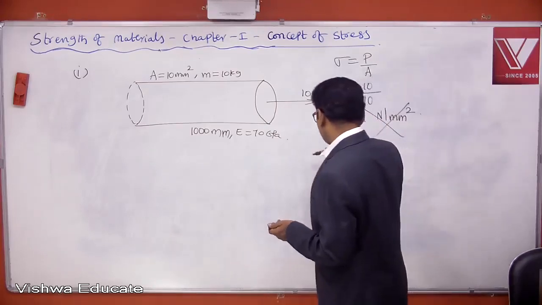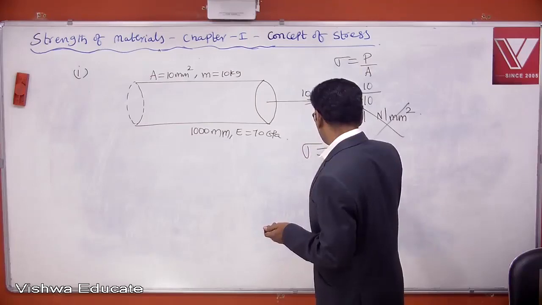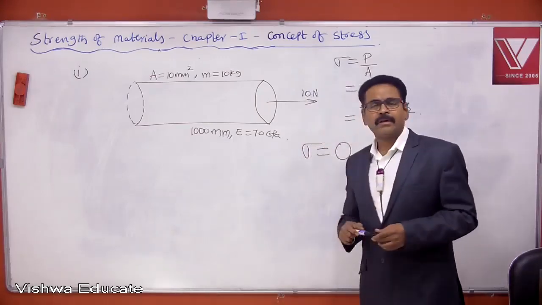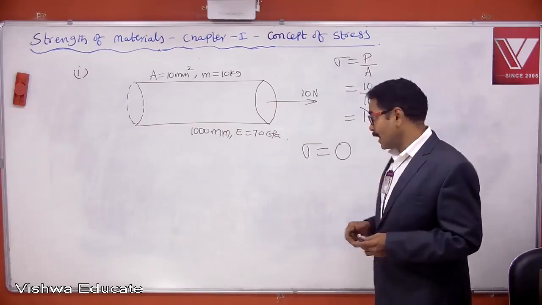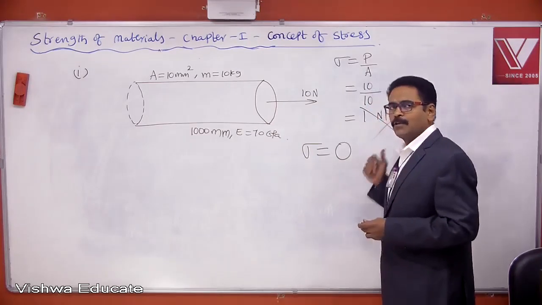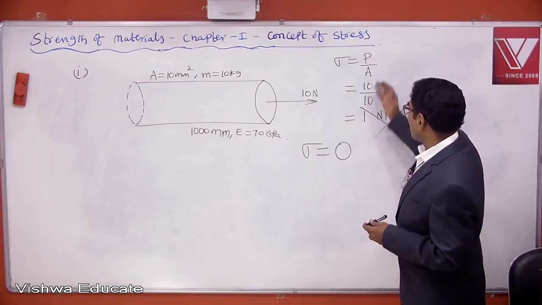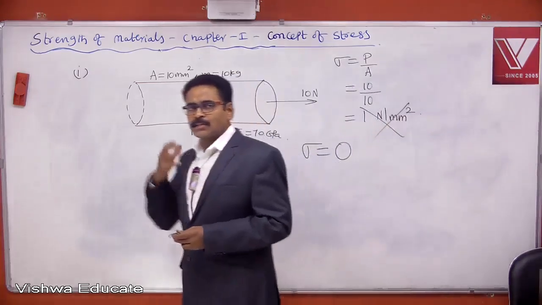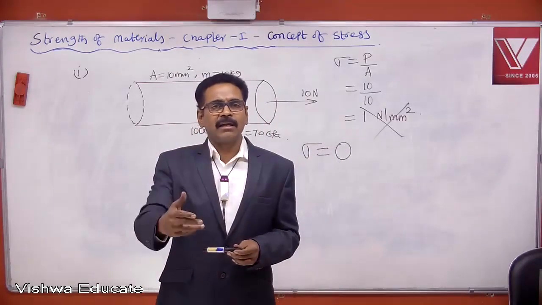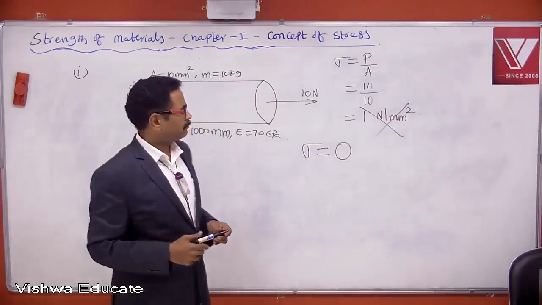The answer is, stress carried by this bar is equal to 0. Why is it 0? Stress is not applied force by area. Stress is resisting force offered by the body by effective area.